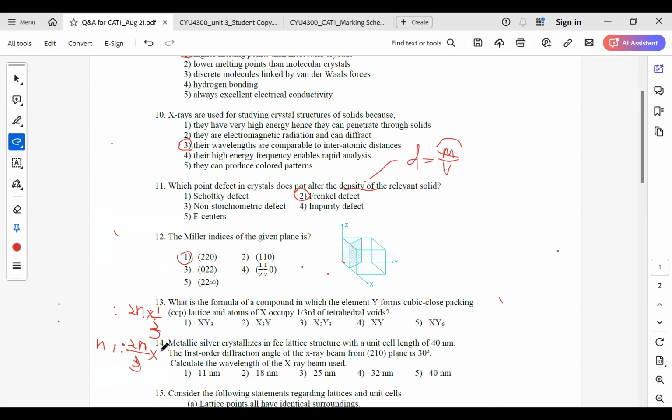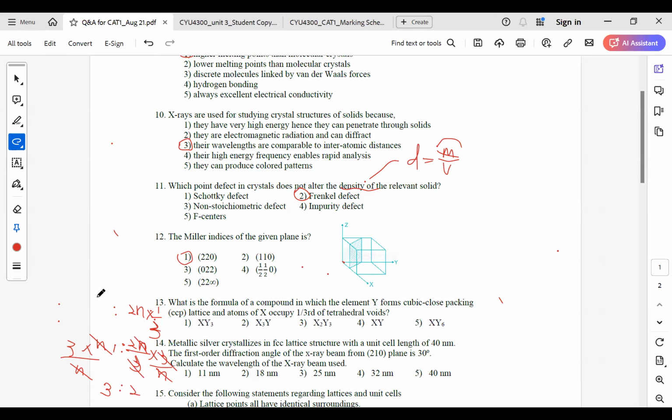Then I'm going to multiply both sides by 3, and then divide by n, just to make it a simple ratio. So it becomes 3 to 2.